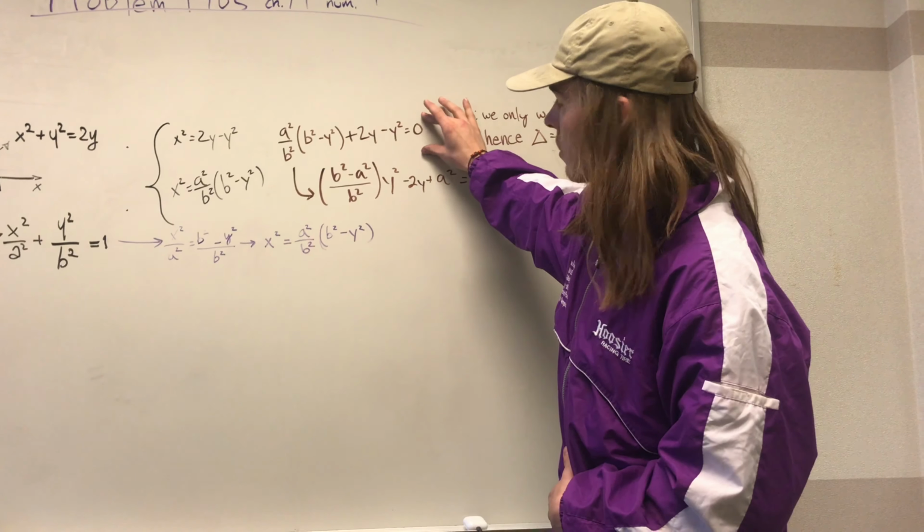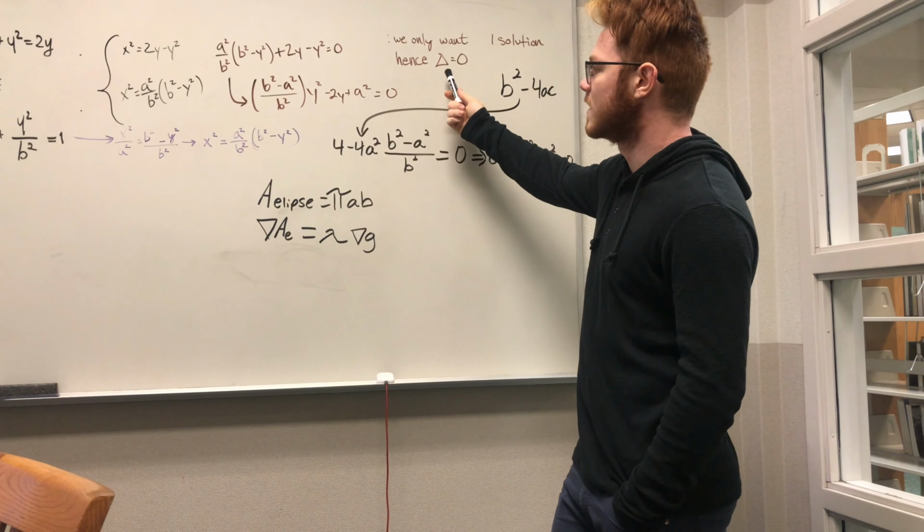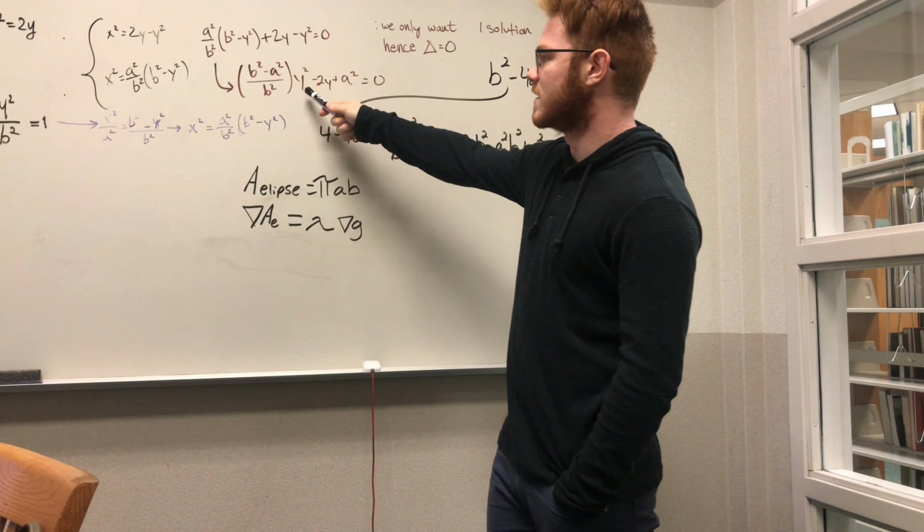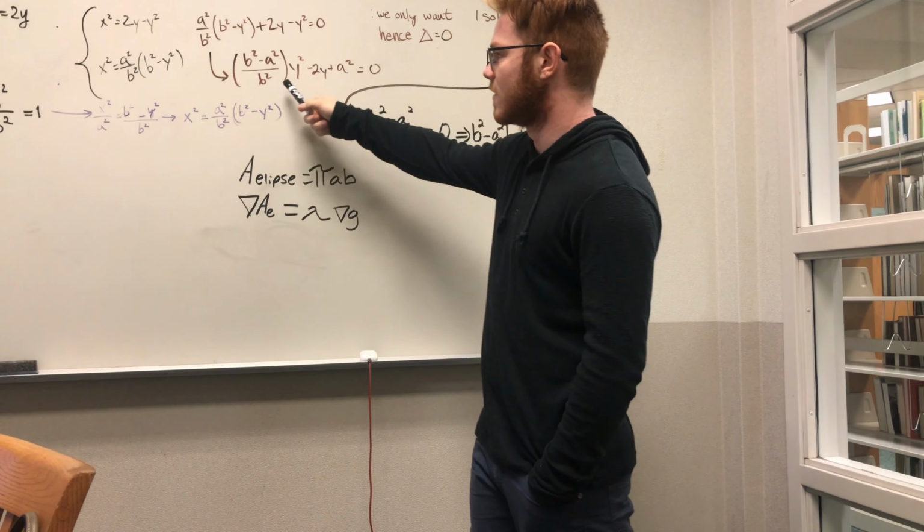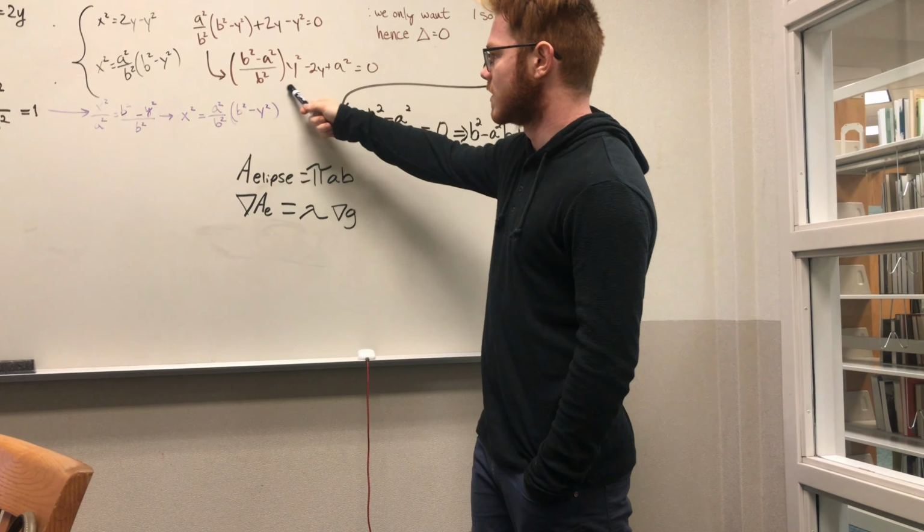In this particular case, a and b are both constants, and so y is our only thing that's changing. And so we can treat this sort of as a quadratic, and because delta is equal to 0, delta is equal to b squared minus 4ac. And so we put that into place here.